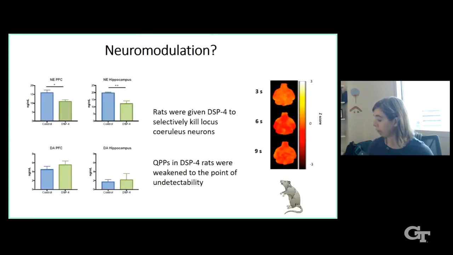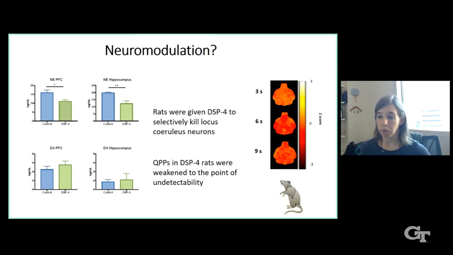Okay, so the last thing that we did in our animal model was to give some rats DSP4, which selectively kills off locus coeruleus neurons. And that was very exciting because when we did this, it decreases the LC input to about 10% of what it normally is. And after that, we couldn't see QPPs anymore. We just got noise out.